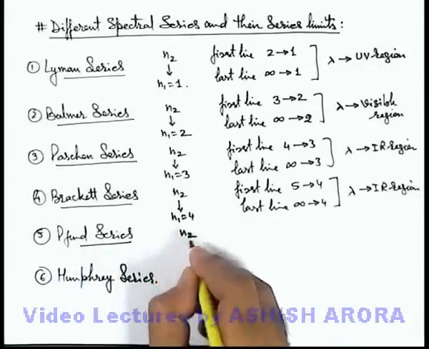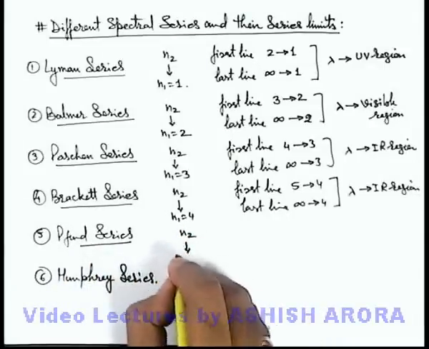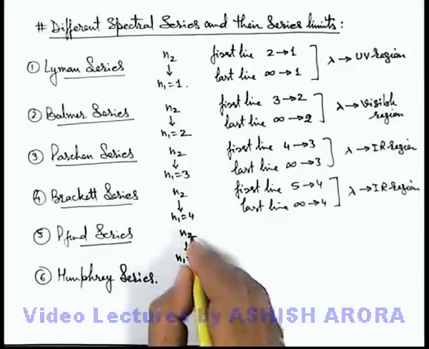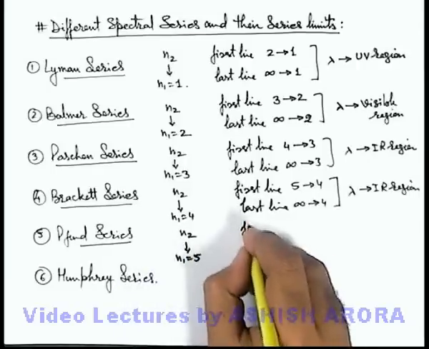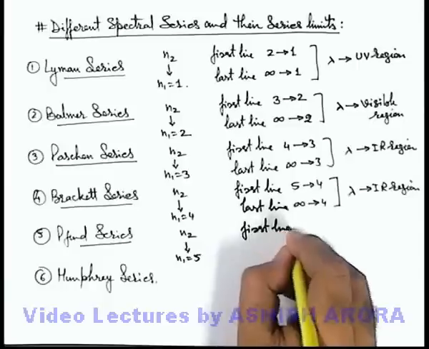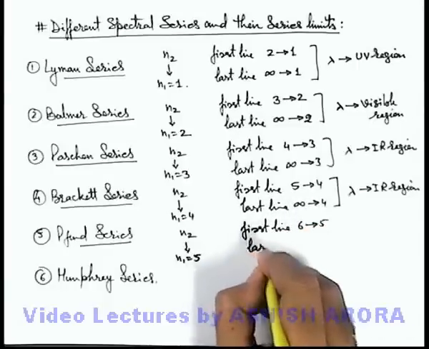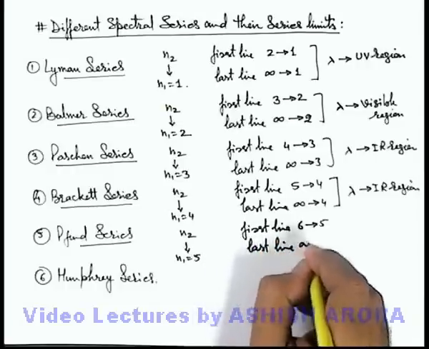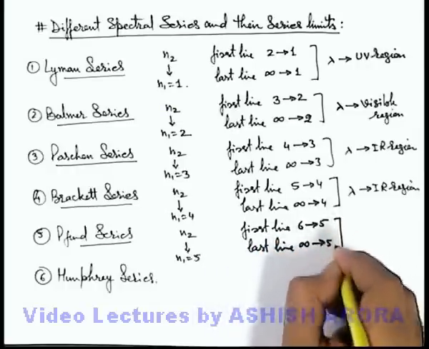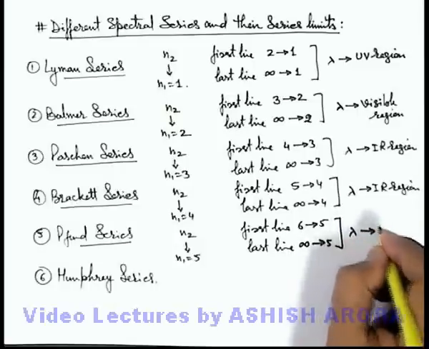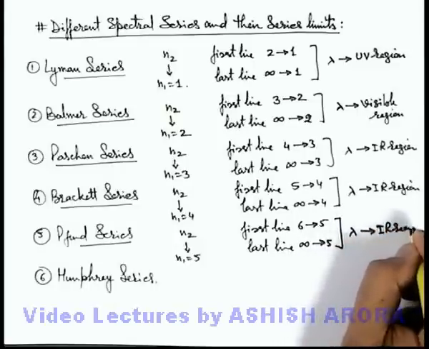And in the Pfund series, transition from any higher orbit n2 to n1 equals 5 takes place, where the first line corresponds to the transition from 6 to 5, and the last line corresponds to transition from infinity to 5. Here also the wavelength lies in the infrared region.